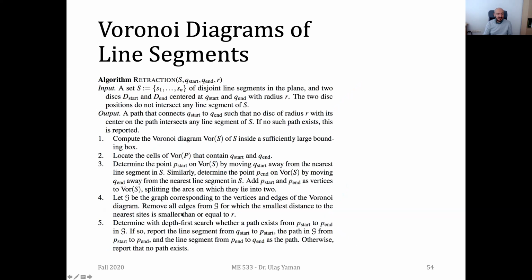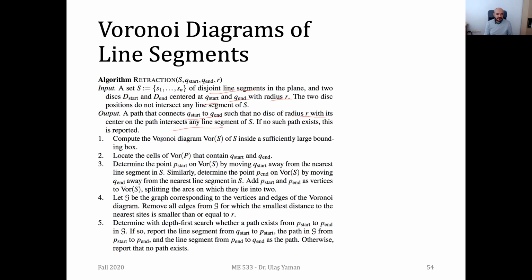Here is the algorithm for this one. The input is a set of disjoint line segments, start and end points, and the radius r, which is the radius of our robot or disk. The output will be the path connecting the start and end points, so that our robot or disk will not intersect with any of the lines.